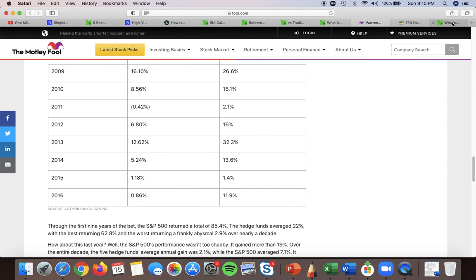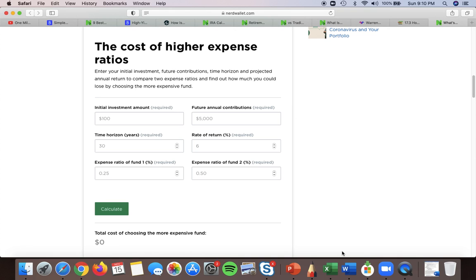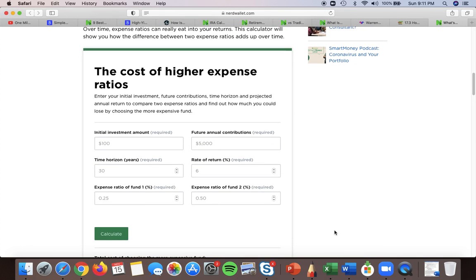So, to give you an idea of how expense ratios can eat into earnings over time, I am going to compare the cost of 2 funds that I actually own. So I have 2 retirement accounts. One's a Roth IRA, where I have more control over the investments, and one's my employer's 401k, where I have limited options of what to choose from.